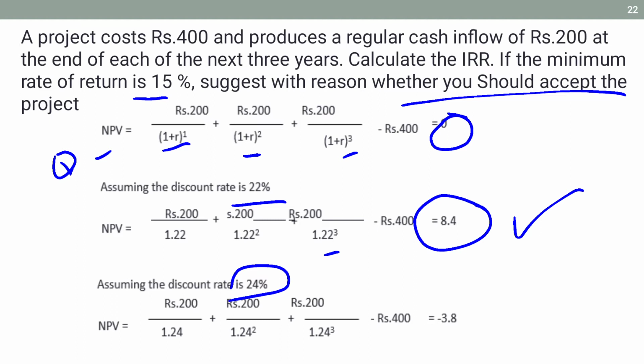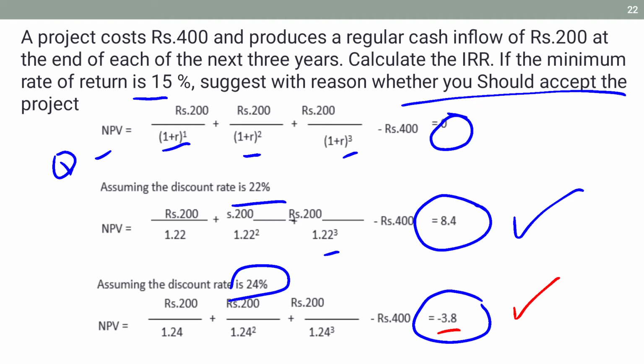Let me assume 24% is the other discount rate. Then you are ending up with minus 3.8.